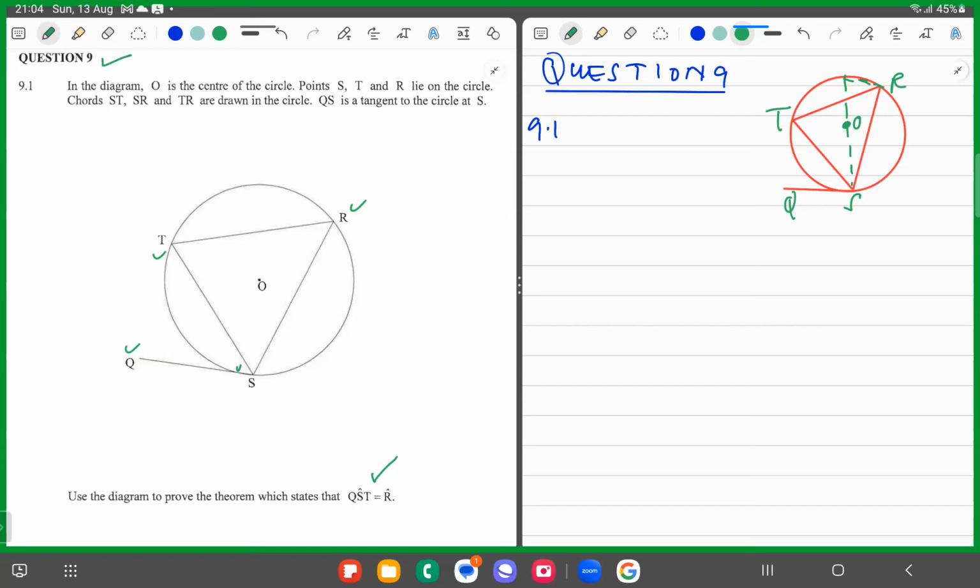We have this construction. When you answer the exam question here in matric, you need to make sure you include the following. You include the construction part. What is the construction?